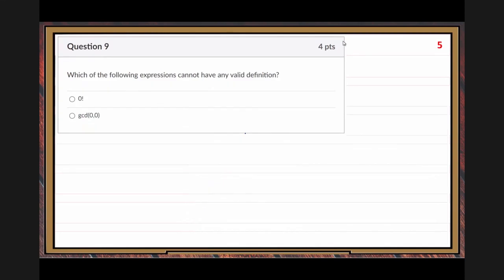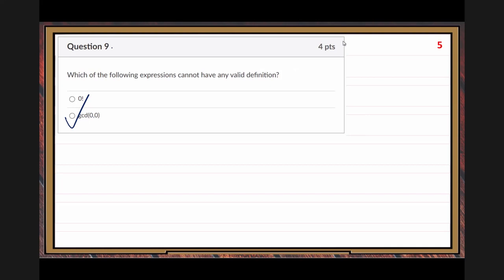Number 9. No valid definition. GCD of 0, 0. Let me explain a little more. In the class, for this question, I just told you GCD of 0, 0 not defined. Here, let me explain a little more. Why not defined?